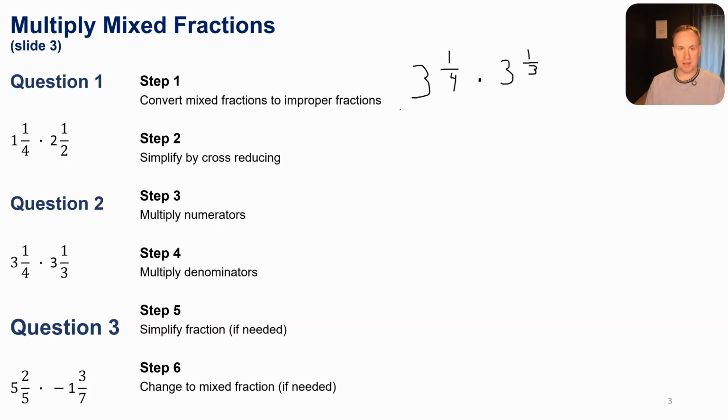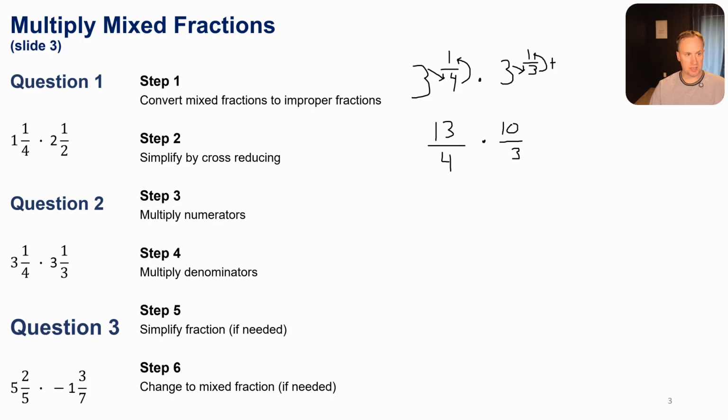We're going to do that by multiplying our whole number by the denominator and adding that to our numerator. 3 times 4 is 12. 12 plus 1 is 13. Our denominator then stays the number 4. Times 3 times 3 is 9. 9 plus 1 is 10. So 3 1/3 changes to 10 over 3.